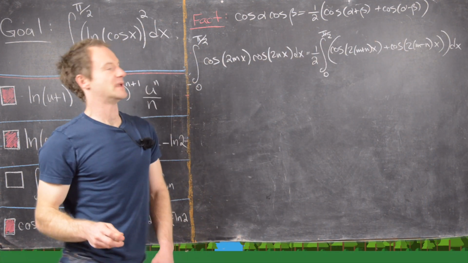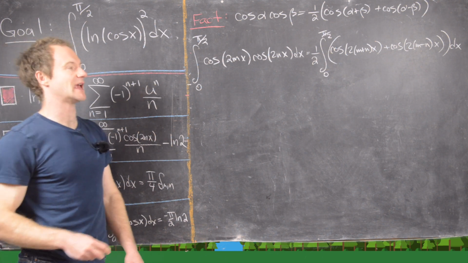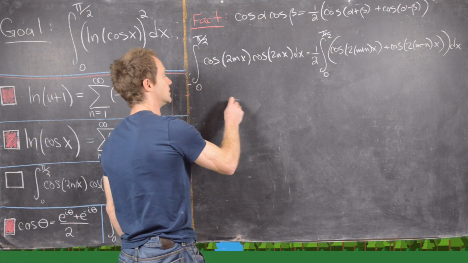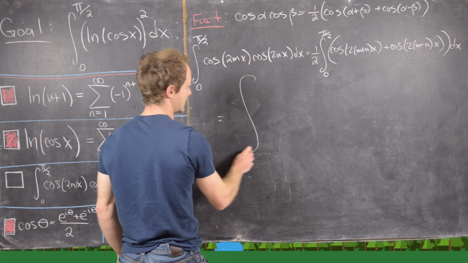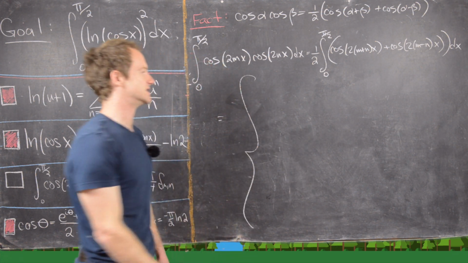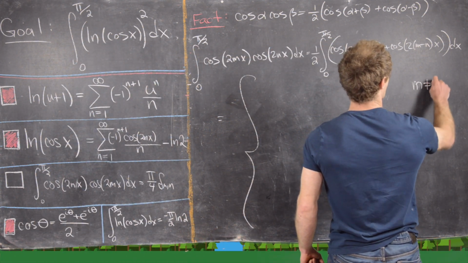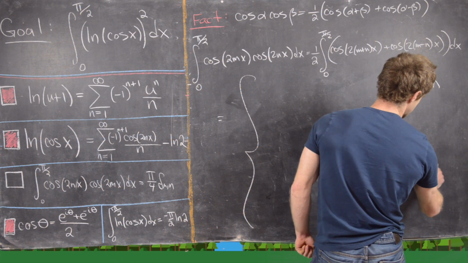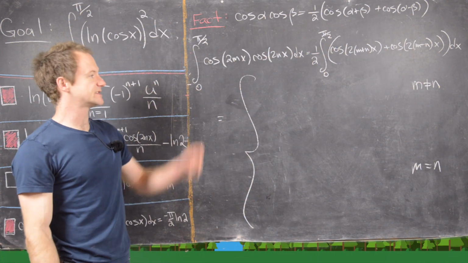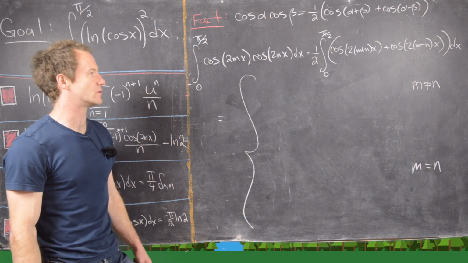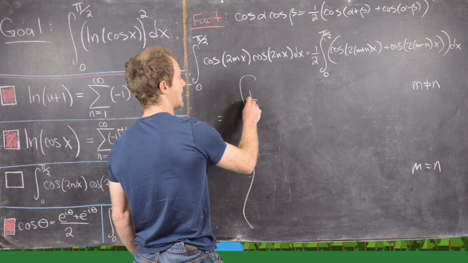Great. But now we have our hands on two functions that can be easily anti-differentiated. So let's go ahead and do that. So that's going to be equal to the following, and I'm going to split this into cases. One case over here will be if m is not equal to n, and the other case will be if m is equal to n. So let's look at the case when m is not equal to n first. So that's going to give us a 1/2 out front.